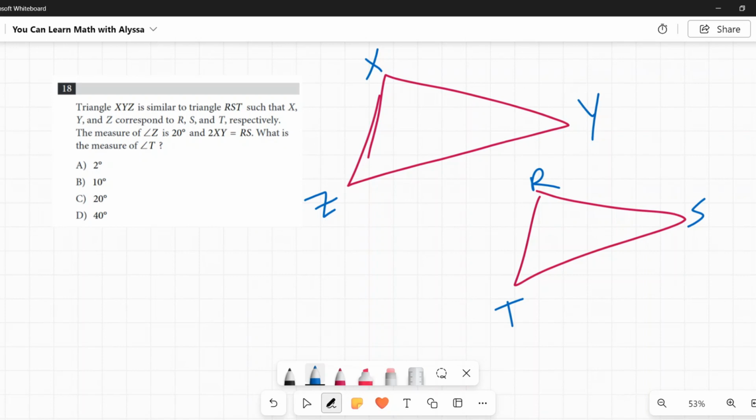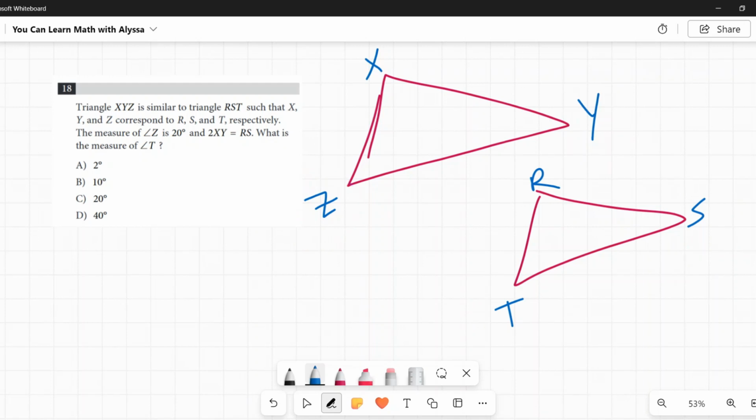I always find it weird that they do that, because when you say XYZ is similar to RST, that's what you're saying. But hey, they're clarifying. They're making sure that we know that X corresponds to R, Y corresponds to S, and Z corresponds to T. All right, we're good.